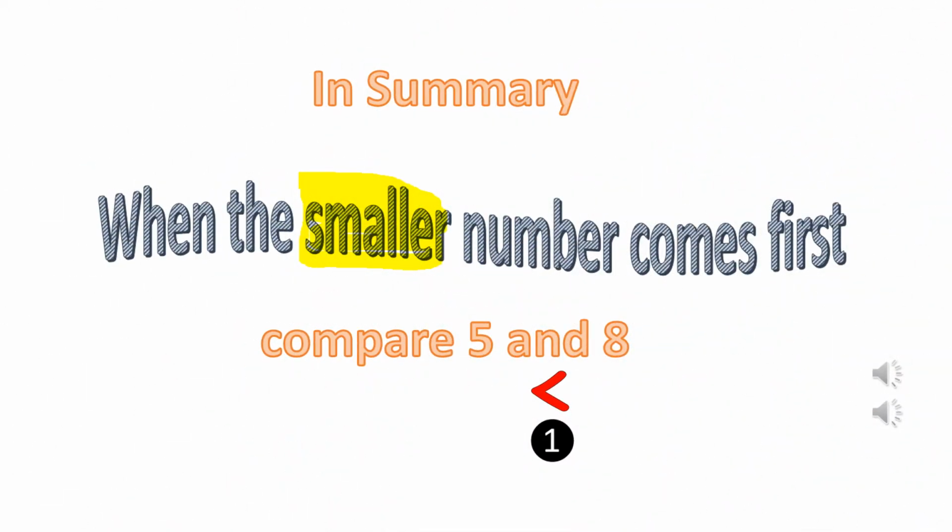To repeat, when the smaller number comes first, you use the less than symbol. You will know that you selected the correct symbol if the open side opens up to the bigger number and the point points to the smaller number.